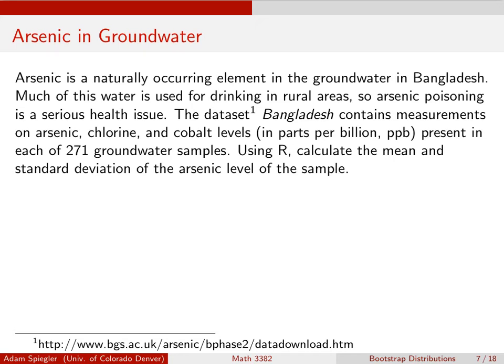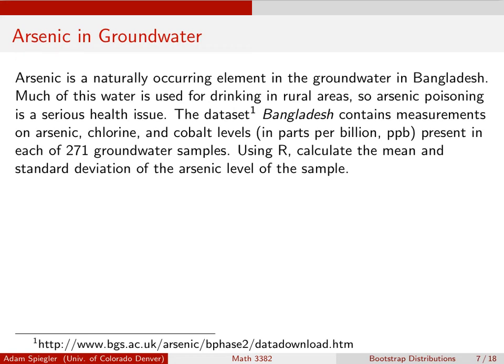They measured that in parts per billion. So let's say we want to estimate the mean amount of arsenic in all groundwater in Bangladesh, based on this sample of 271 observations.